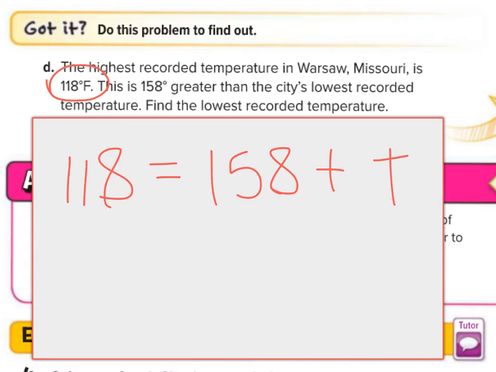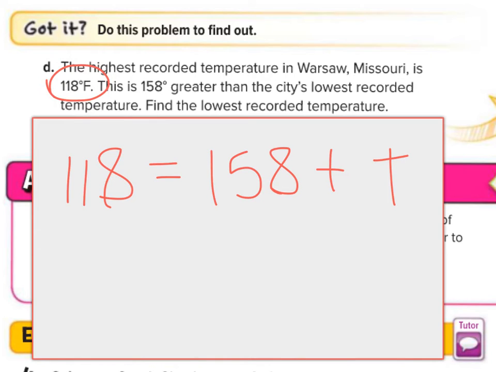There we go. The lowest recorded temperature will be represented by T. So if we start off with 118, it consists of a range of 158 plus the temperature. That means this number needs to be negative, right? So that we can get what the temperature is.